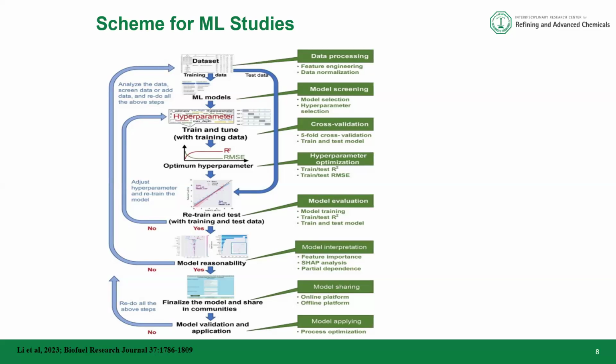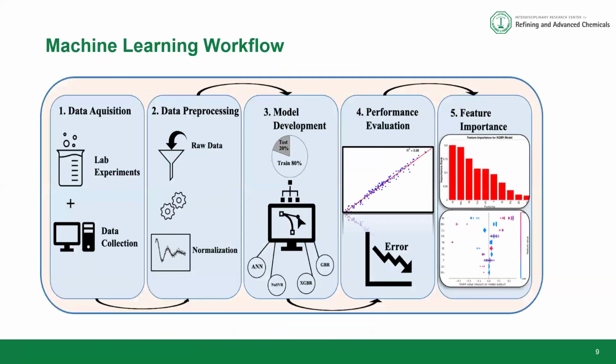If they are acceptable and satisfactory, then you go and do the interpretation of the model in terms of feature importance analysis, the SHAP analysis, and other stuff like that. So this is like a feed forward and feed backward process until you are satisfied with what you have obtained. So here we try to simplify the workflow.